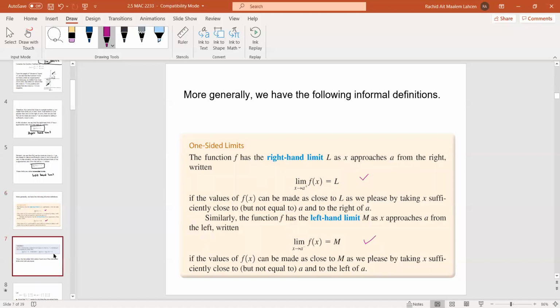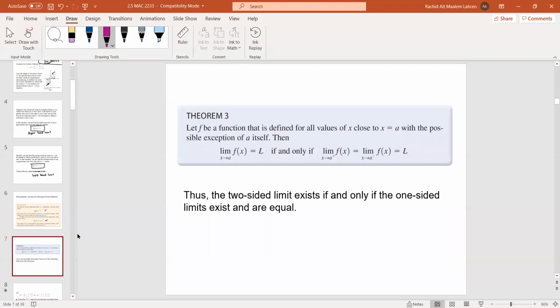So when do we say the limit exists? The limit exists if and only if the right-hand limit and the left-hand limit are equal.